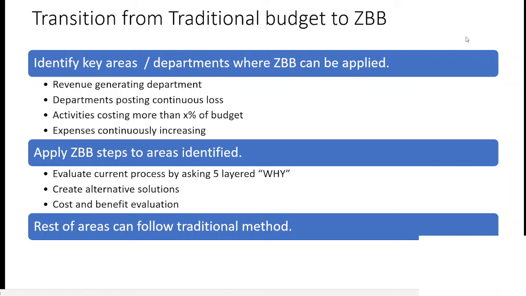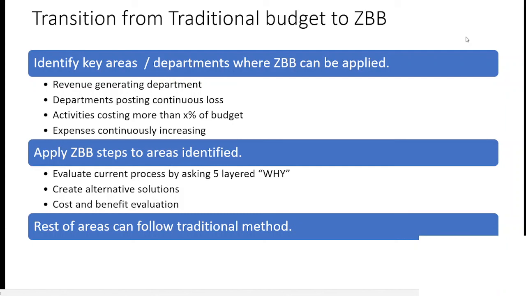Since we know that we are going to apply zero-based budgeting to certain areas, we start early. Let's say for the next year's budget, now we are in October, we normally start the next year's budget now because it takes 2 months. So by the time December ends, we have a budget for the next calendar year.